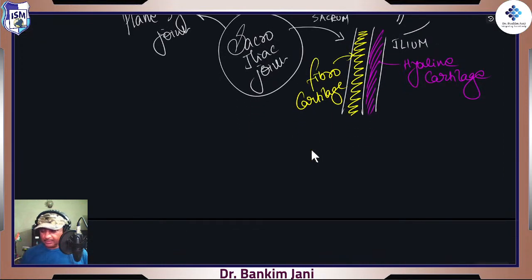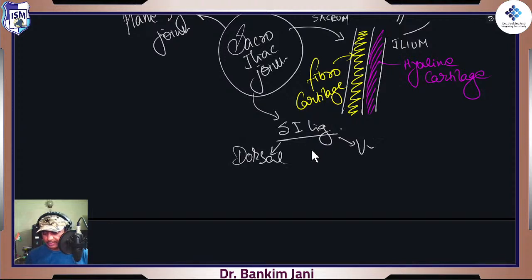And for the sacroiliac joint, there has to be the sacroiliac ligament, right? And in the same way, it has got a dorsal and a ventral part. The dorsal part covers all those interosseous sacroiliac spaces, then posterior, anterior, right?